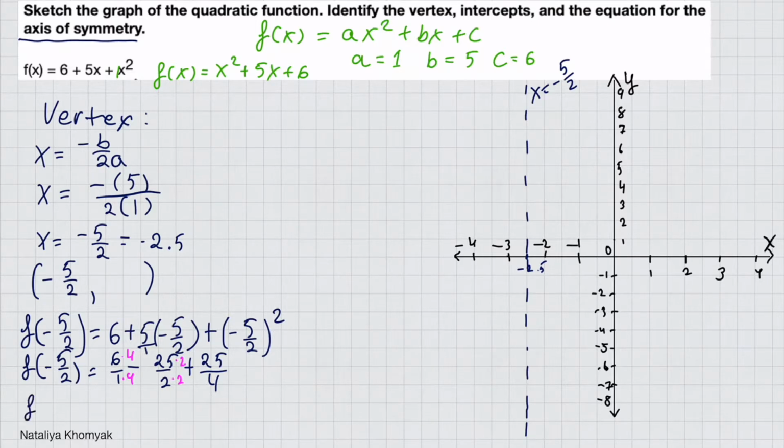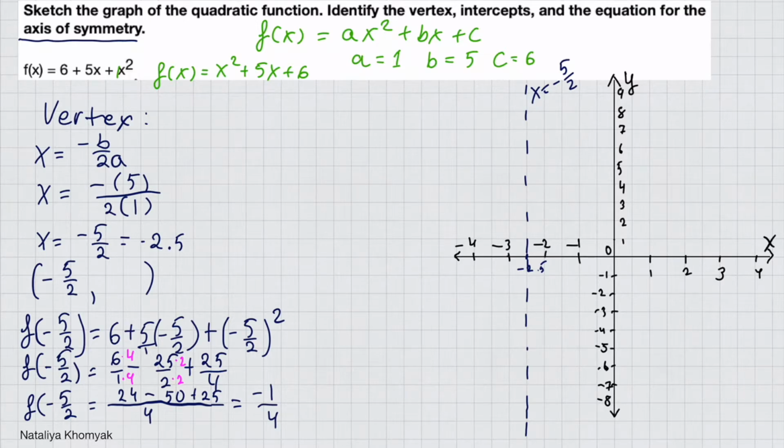This will become f of negative 5 over 2 equals, over 4, 6 times 4, 24, minus 25 times 2 gives us 50, plus 25. 24 minus 50 plus 25 gives us negative 1 over 4.